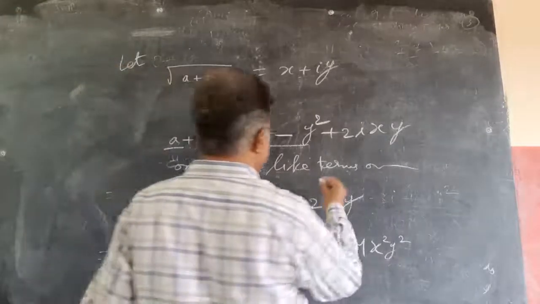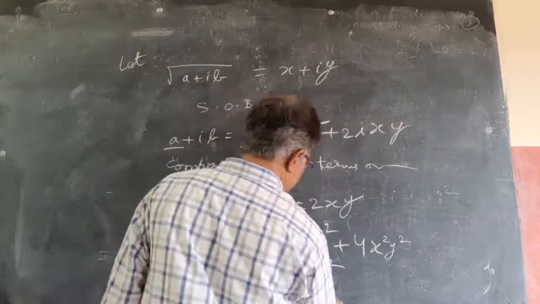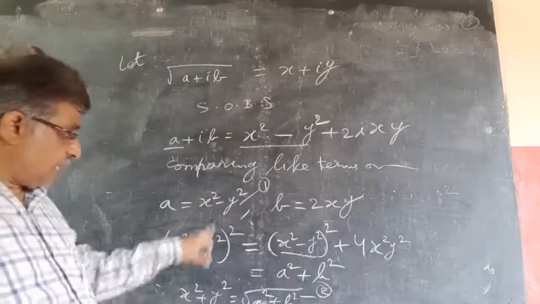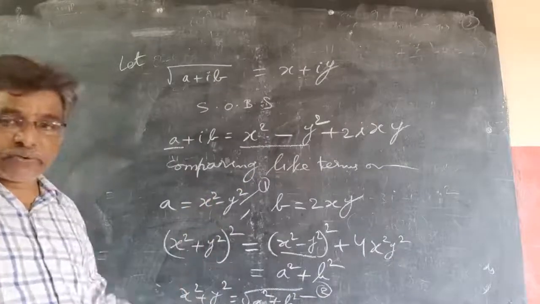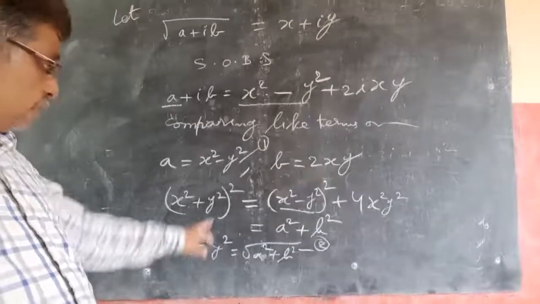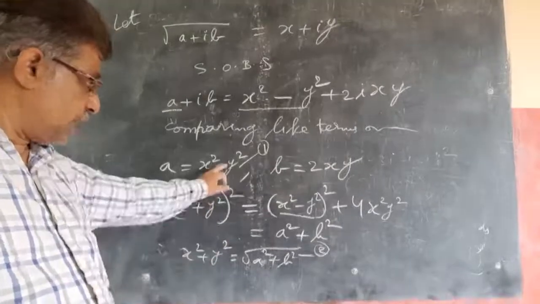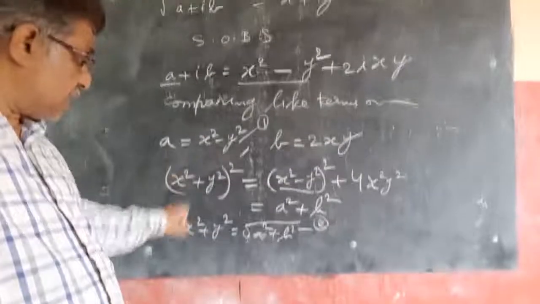I say this is equation 1 and this is equation 2. By adding both, y square cancels. So I will go for 1 plus 2. Adding these two, y square cancels and I will get 2x square.